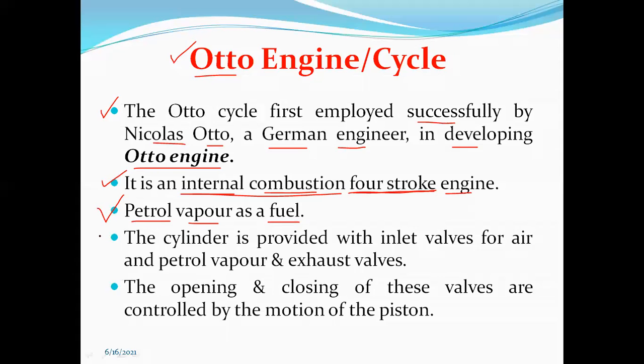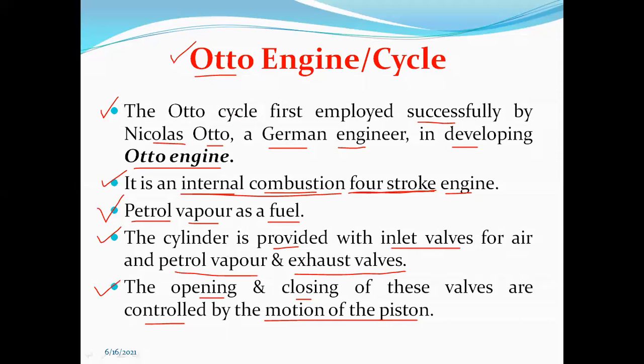The next point, the cylinder is provided with inlet valves for air and petrol vapor, and exhaust valves. Next, the opening and closing of these valves are controlled by the motion of the piston. So these are the main points of the Otto engine.